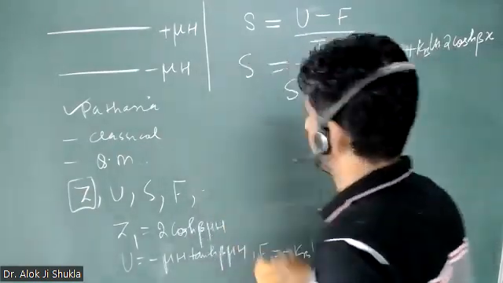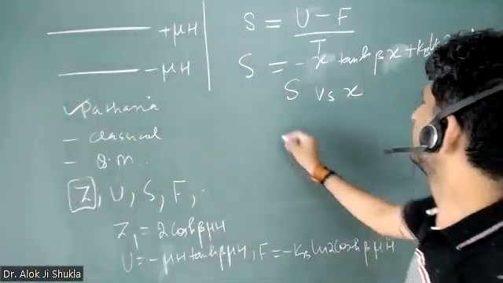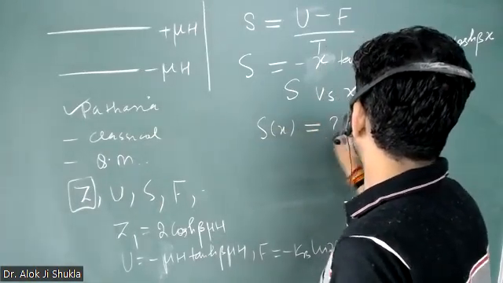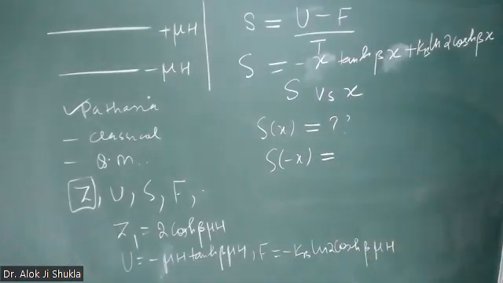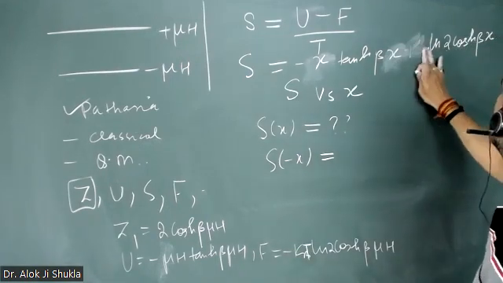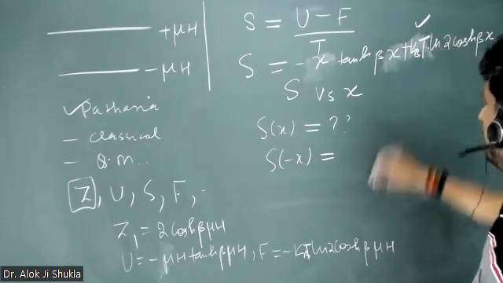Tell me. S of X, what type of graph is it? What will S of minus X be? The free energy formula is minus KBT log Z, so KBT will not come here, it is KB. It is energy, so it will be dimensionally energy. Yes, correct. That was a mistake.